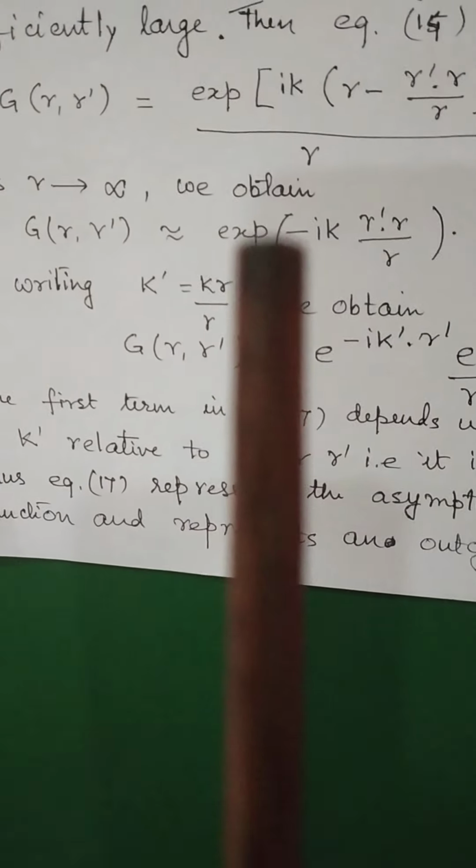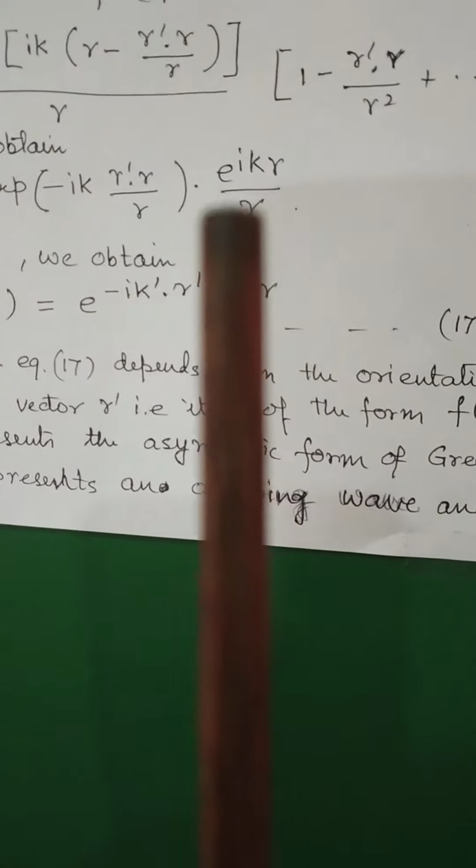As r tends to infinity, we obtain g of r dash is of the order of exponential iota k multiplied by r dash dot r upon r multiplied by e raised to the power of iota k r upon r.